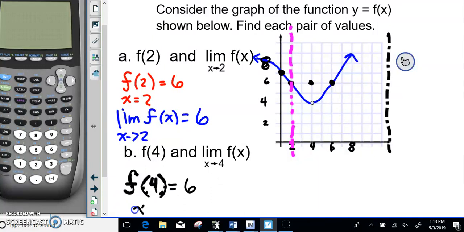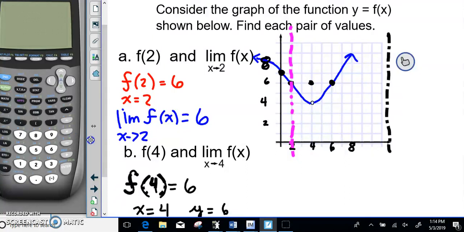Because when x equals 4, y is 6, because there's an open circle there, so nothing's at that spot.